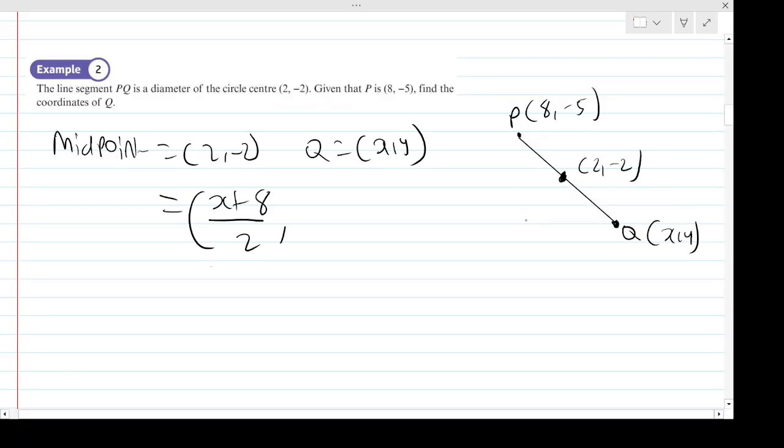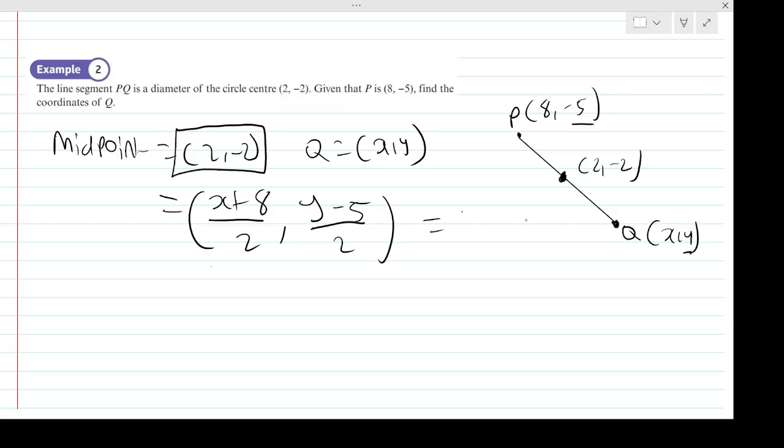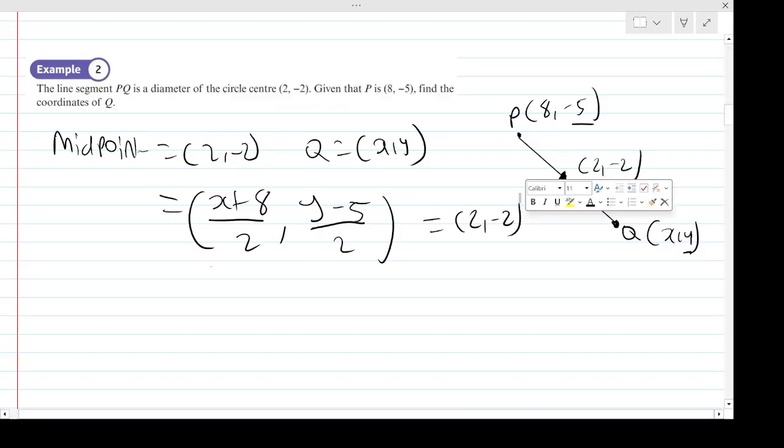Then y for Q, and then add -5, over 2, okay? We can't do anything more to that. However, we also know the midpoint here is (2, -2). Remember, because it's a diameter, the middle of the diameter will also be the midpoint, which should be the centre of the circle.